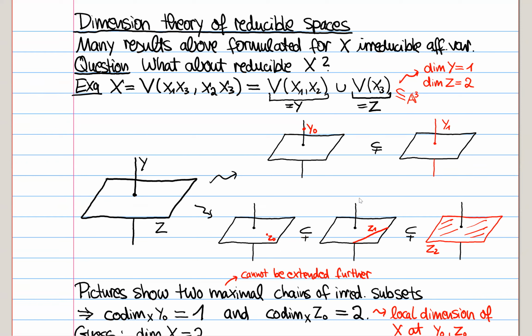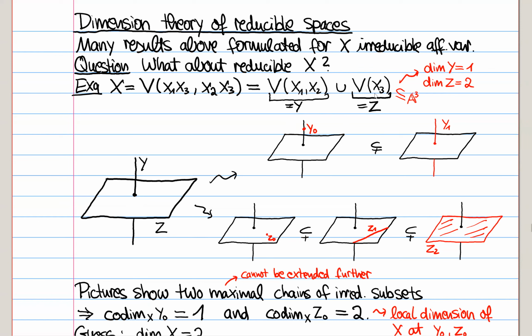And then you can ask, what about the dimension of X? In particular, given that, well, it's easy to see here that this Y, if you compute, for example, the Krull dimension of the quotient, then you see this Krull dimension will be one-dimensional, which fits to the fact that it's just a kind of line.